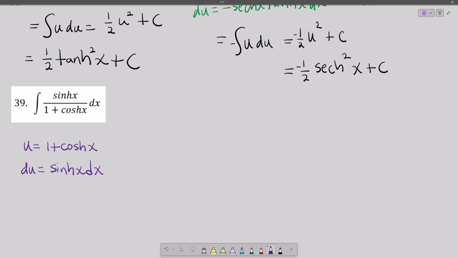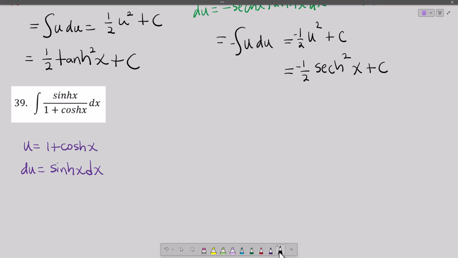Let's go through that exercise in the mind. Is it plus or minus? The primary 3 differentiate to a positive, so sinh, cosh, tanh, so it's going to be positive. Derivative of 1 is 0, derivative of cosh is sinh. That's the numerator. So the derivative of the u is present.